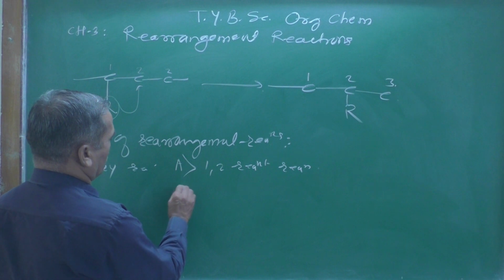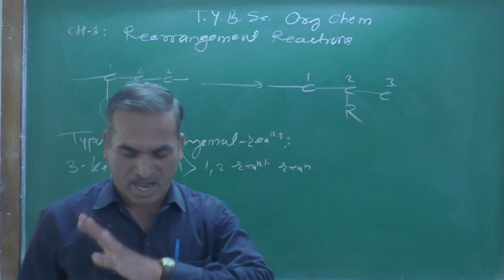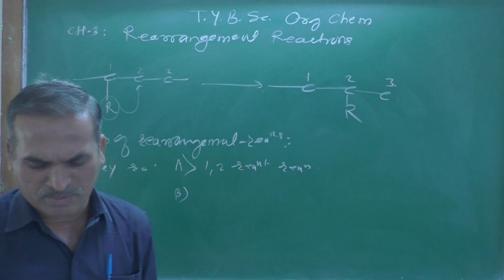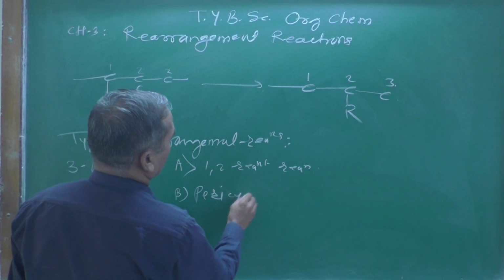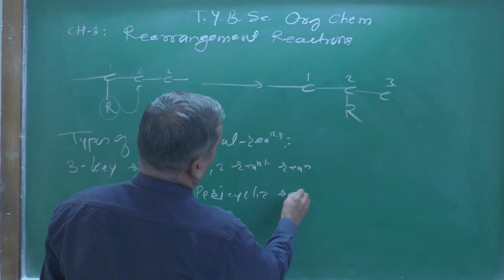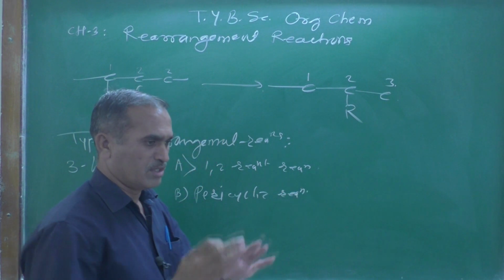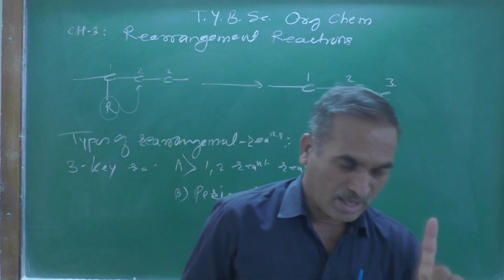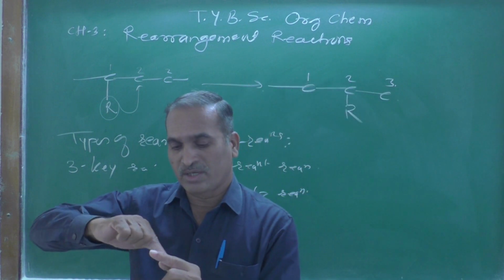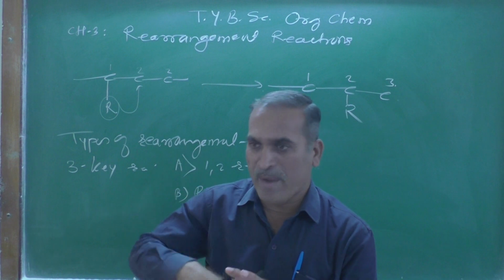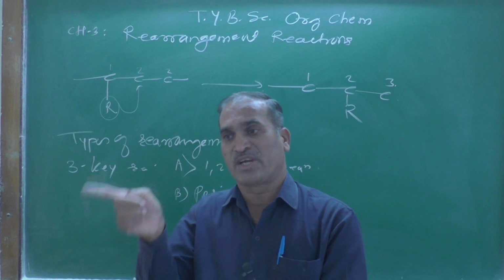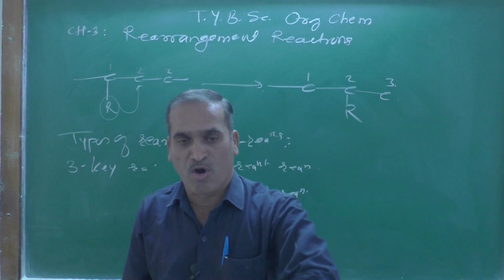And the second one is known as a pericyclic reaction. A pericyclic reaction is a kind of reaction where the electrons move in a cyclic manner, and a cyclic transition state is formed.